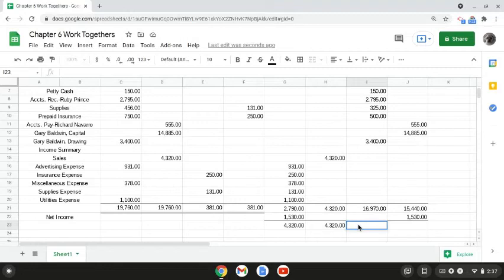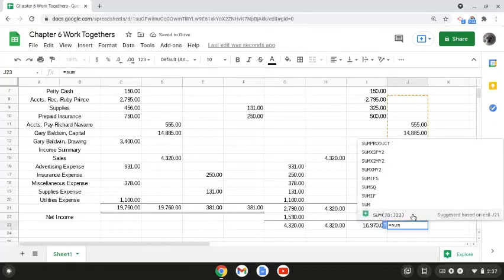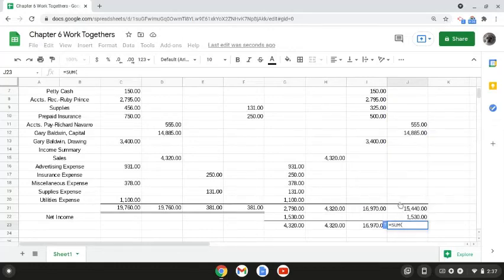And then we are going to do the same thing for our balance sheet columns. Sum 15,440 plus 1,530. That gives us 16,970.